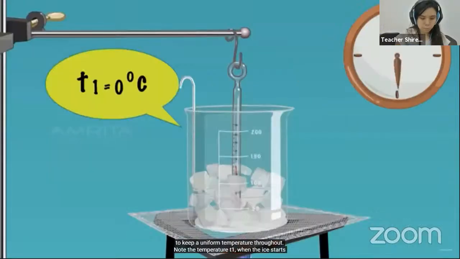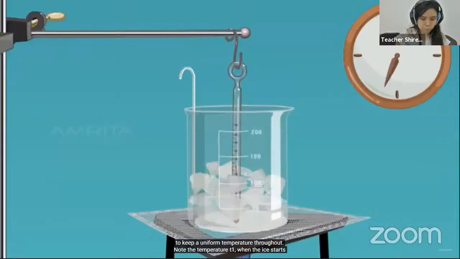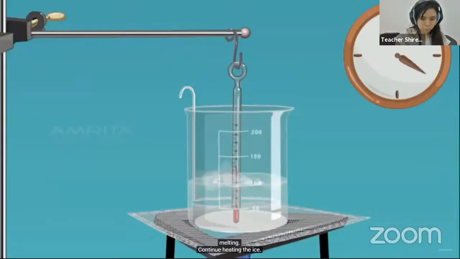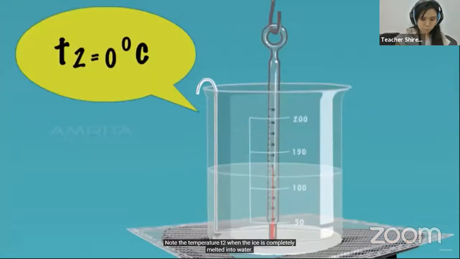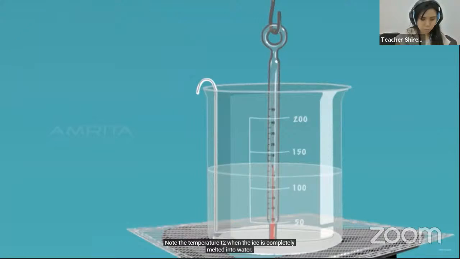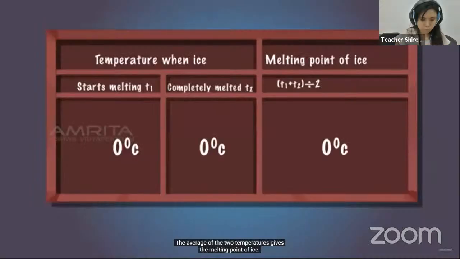Note the temperature T1 when the ice starts melting. Continue heating the ice. Note the temperature T2 when the ice is completely melted into water. The average of the two temperatures gives the melting point of ice. The melting point of ice is 0 degrees Celsius.